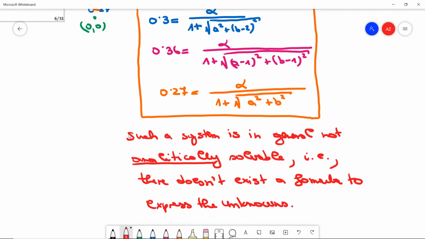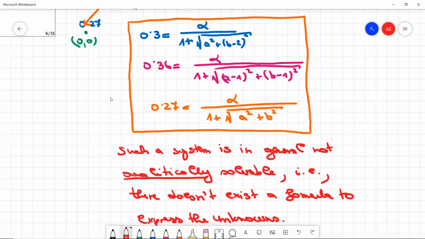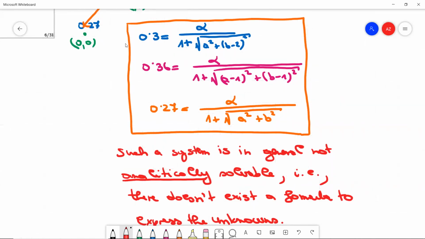Even if we are in the situation of one variable and one equation, there don't exist formulas to solve every such nonlinear equation. Already, if we are working with a polynomial of degree 5, we cannot solve it analytically.